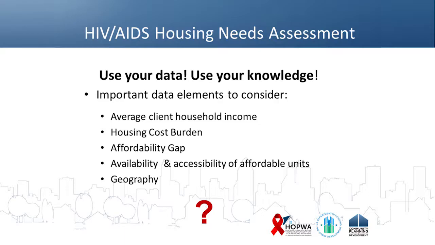So the first thing we want to find out is what the household incomes are. For the purposes of planning, we may want to look at averages, because every individual household is different, but if we know what our average incomes are, that's helpful. The housing cost burden is a specific number, calculated as the difference between the person's 30% allowance of their household income for rent and the actual market rent.